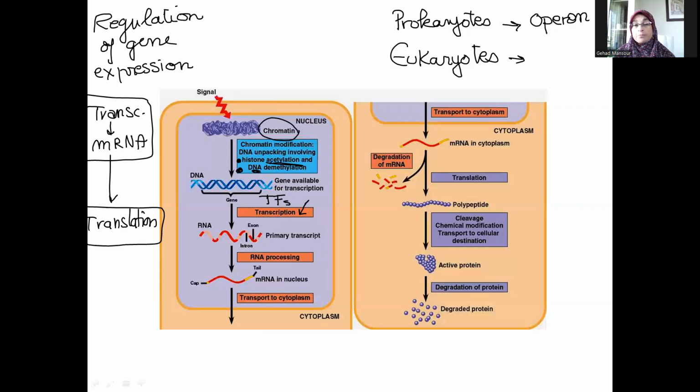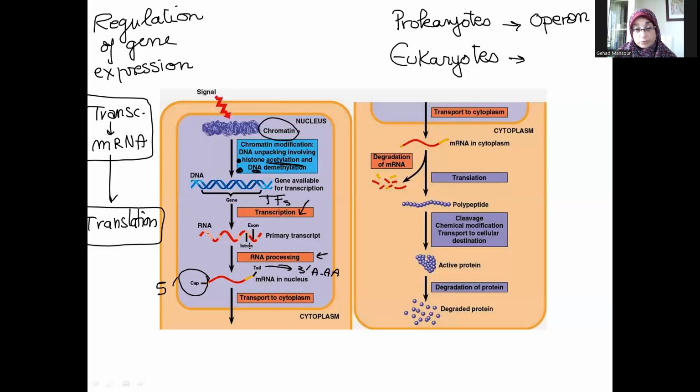After we get the primary transcript that contains both exons and introns, we can regulate gene expression at the level of RNA processing. RNA processing means that we're going to add a 5' cap and a polyadenine tail at the 3' end in order to protect messenger RNA against cytosolic enzymes, but it also involves the removal of introns.